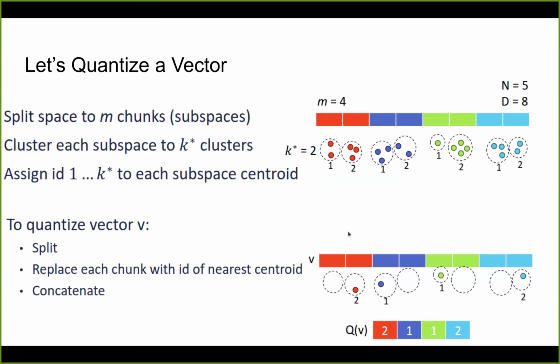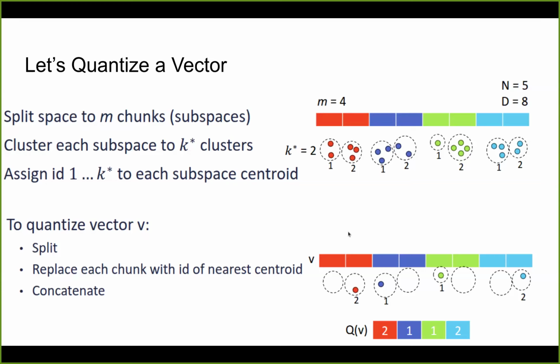Demetri asks, not sure how the clustering achieves compression. Okay, so basically clustering represents each vector within the cluster by its centroid, right?